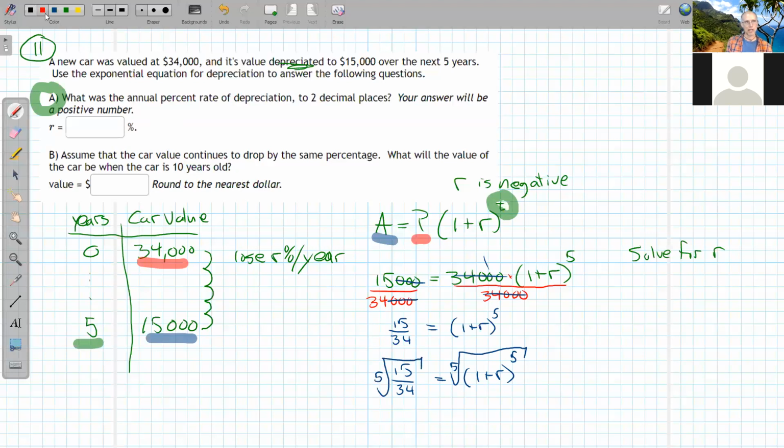The point of that is the 5th power and the 5th root should cancel, leaving just the 1 plus R behind. On the other side, there's really not much I can do besides whip out a calculator, figure out what is the 5th root of 15 over 34. And then the last step will be to get rid of that 1 right there by subtracting. But I think it's calculator time.